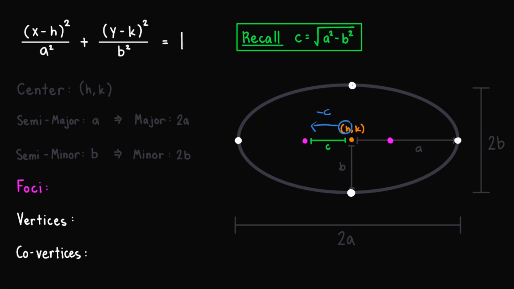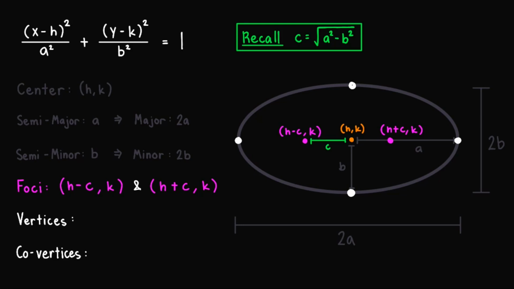So we'll have h minus c comma k out here. That would represent the first focus. For this next one, we just do the opposite. We add c instead. And so we now have our two points for the foci. So that is how we obtain the foci of an ellipse.